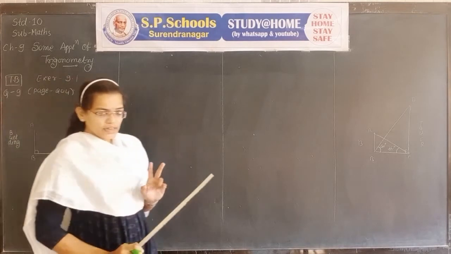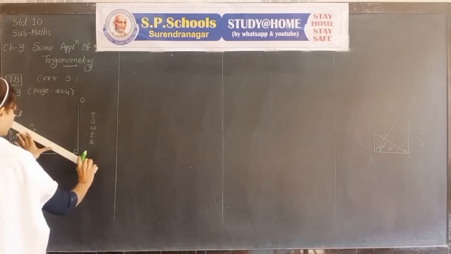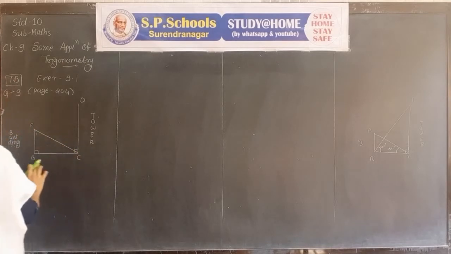Both angles of elevation are given. Angle of elevation of the top of the building from the foot of the tower: C to A is the line of sight and CB is horizontal.